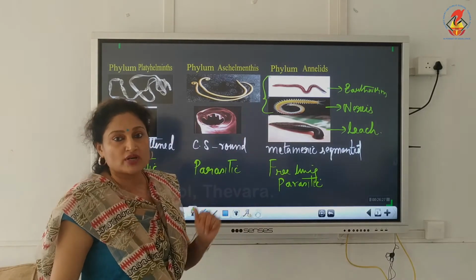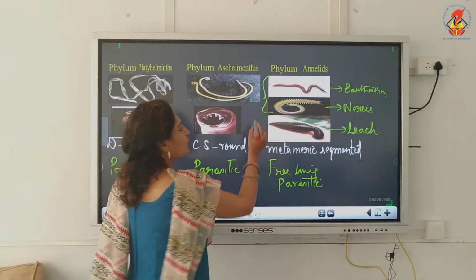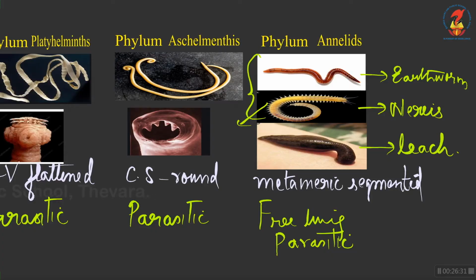Nereis, it's living in water. So they have some locomotory organs, like those hook legs, parapodia. I'll zoom and show you the parapodia.